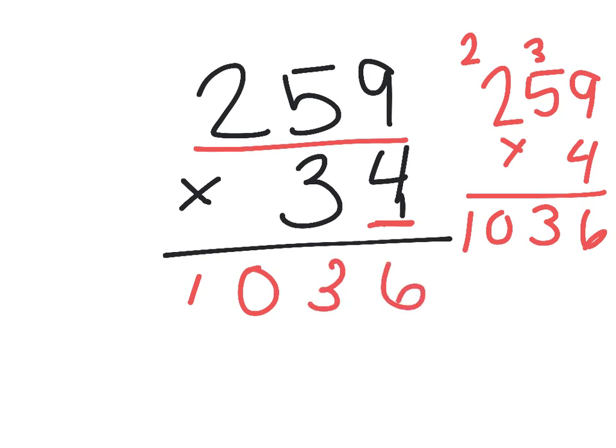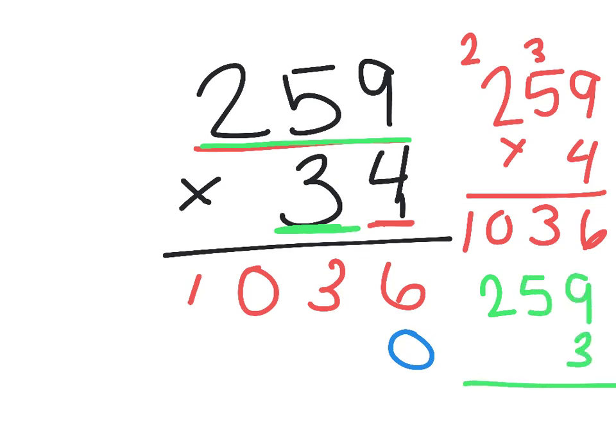1,036. Now I'm going to do my placeholder 0 to represent they are now going into the tens column with my 3. So step 3 is multiplying my 3 by 259. So if you'd like to put it off to the side, you can. 2, 5, 9, 3. Okay.